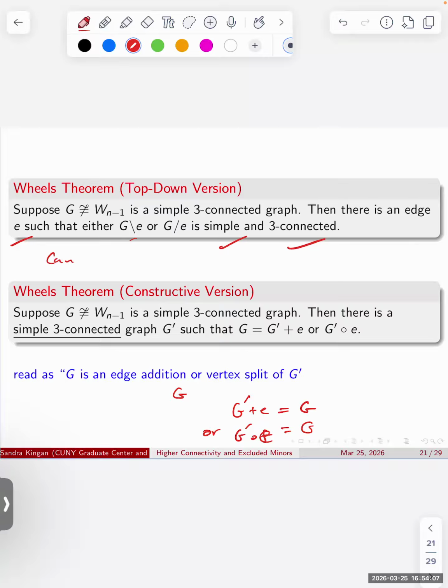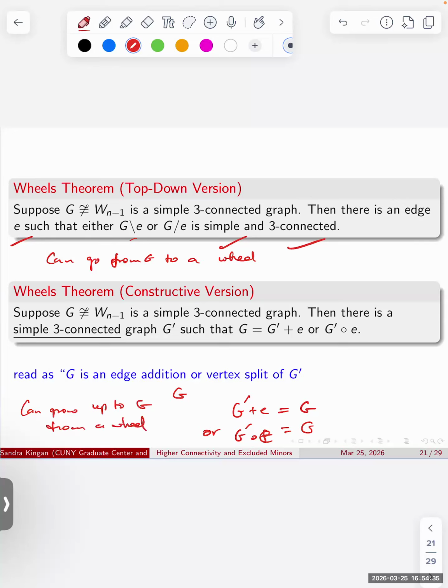I don't know what the word opposite of grow is, but you can go from G to a wheel, preserving three connectivity at any stage, doing deletion contraction, and you can grow up to G from a wheel.